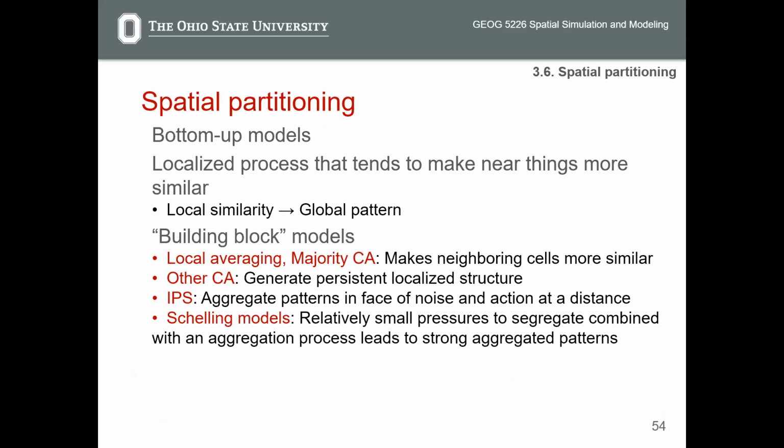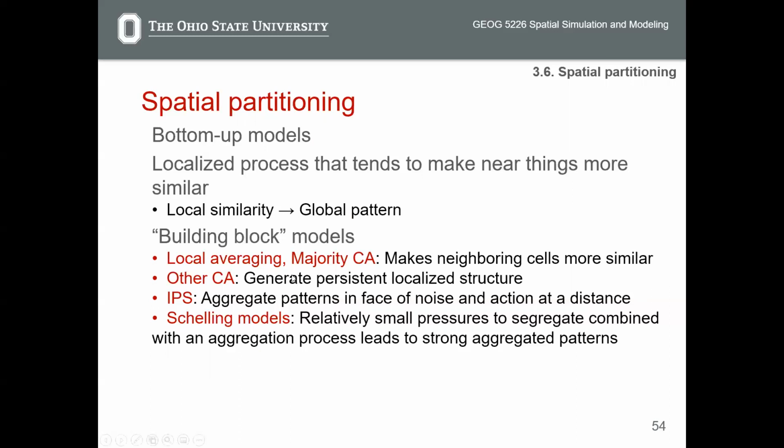But you should know that local averaging, majority CA, other types of CA, and scaling models are all building block models for spatial partitioning, which means that they separate the whole space into small clusters, which means that there are segregation and aggregation, and they are all bottom-up models, which means that the driving force for all these models is there at individual level.